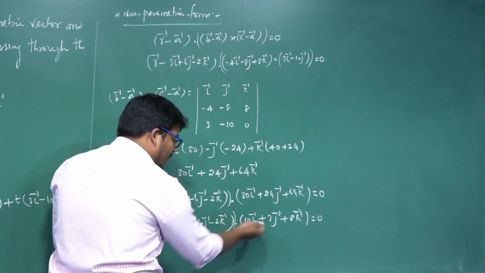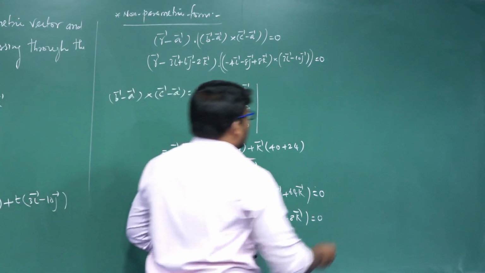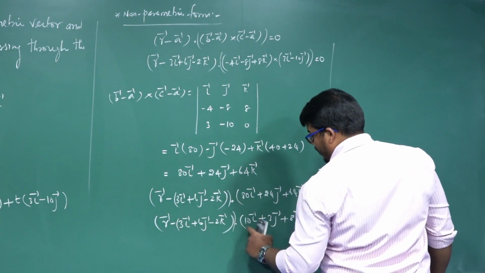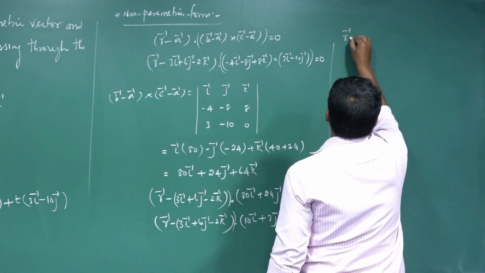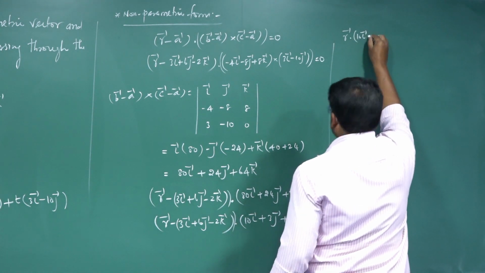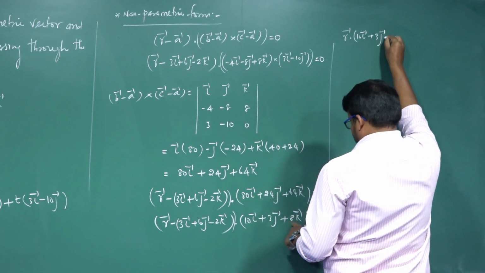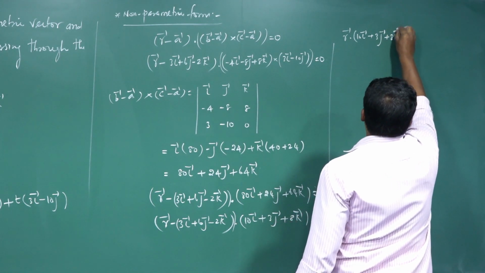Now write the dot product of this vector: first, r vector dot 10i vector plus 3j vector plus 8k vector.